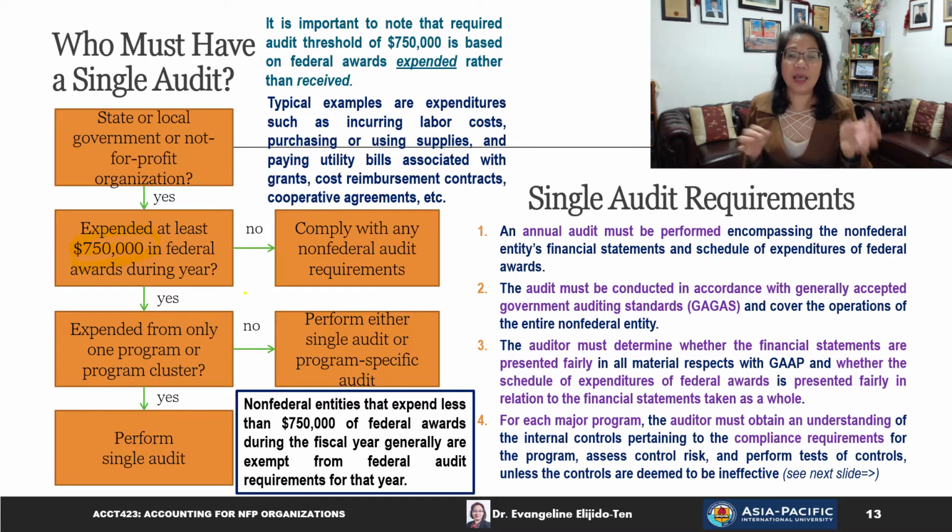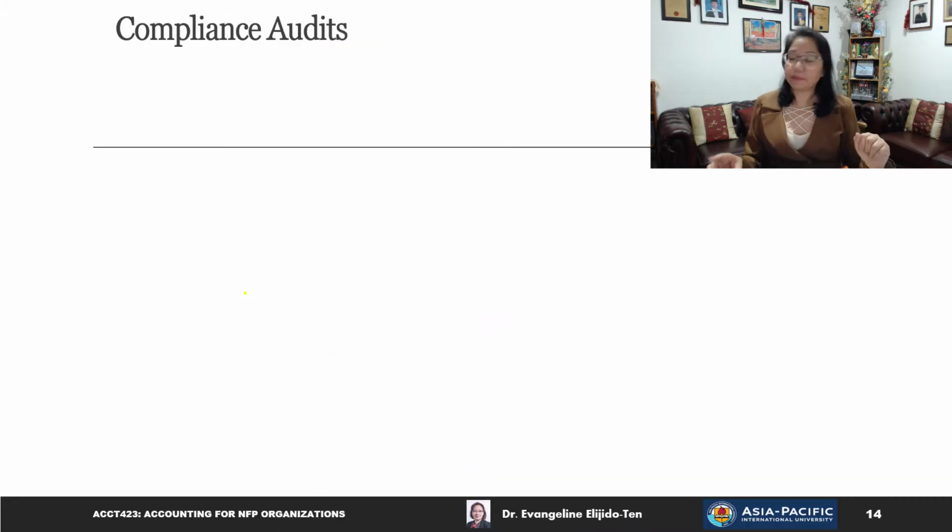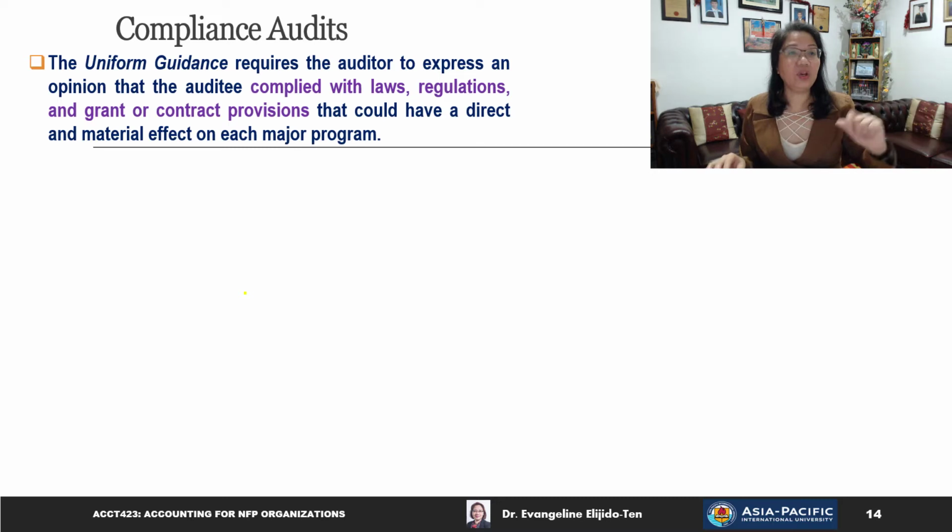So in the next slide, we will be looking at compliance as well as what we mean by each major program. Let's start first with compliance audits. In the uniform guidance, it requires that the auditor should express an opinion that the auditee, the audited government agency, complied with laws, regulations, and contract or grant provisions that could have a direct and material effect on each major program.